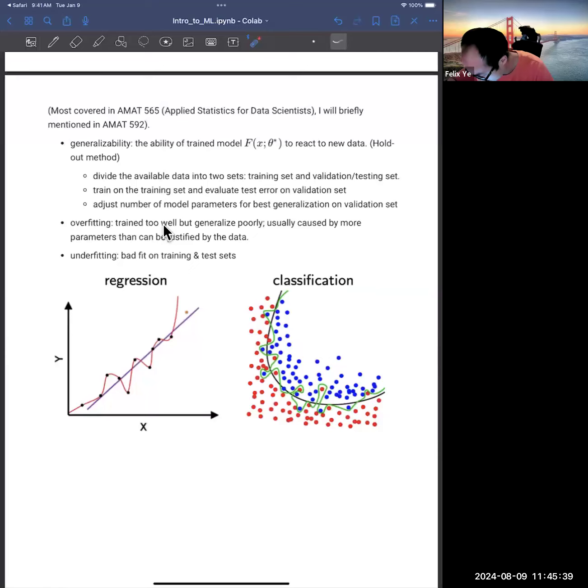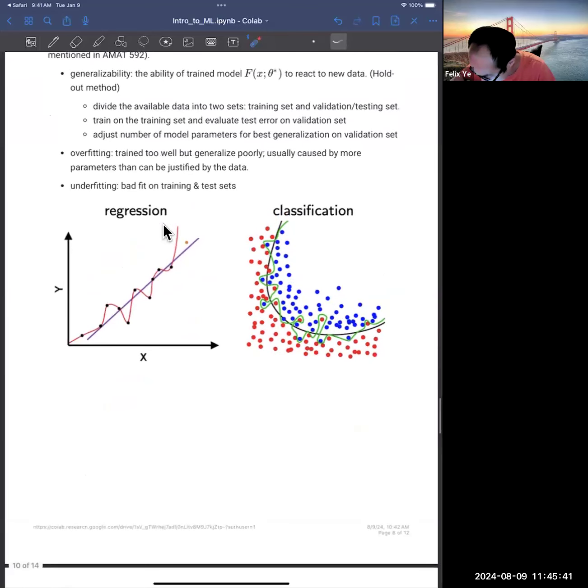The same thing can happen for classification. These are two possible cases for classification. You can either draw a line like this, which is quite smooth, or you can try to draw a highly complicated line to perfectly separate blue and yellow, and blue and red.